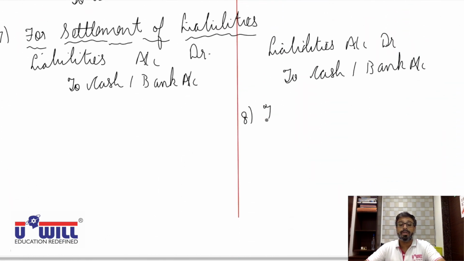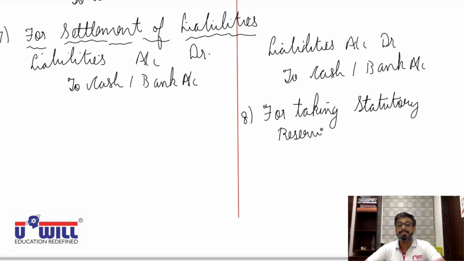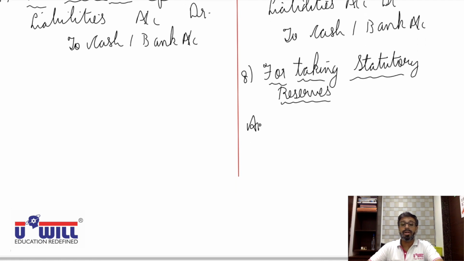So for taking over statutory reserves, what entry we will pass? For taking over statutory reserves, a temporary account is opened called as amalgamation adjustment account debit.